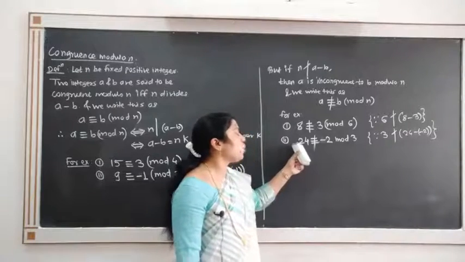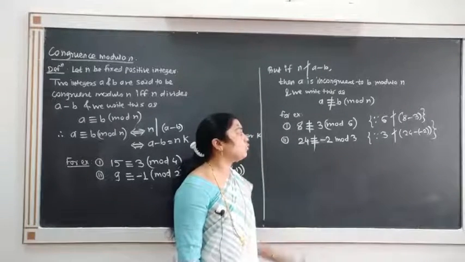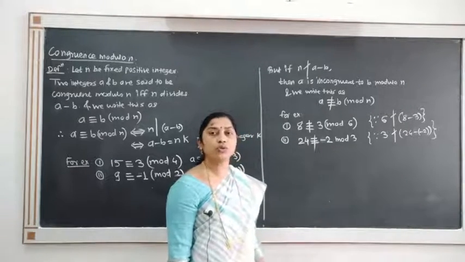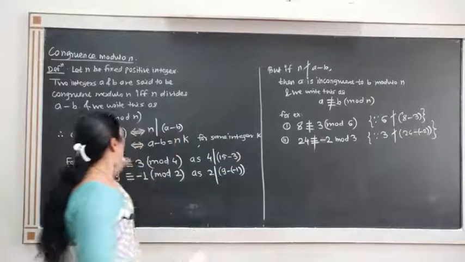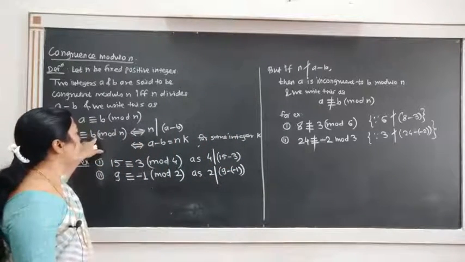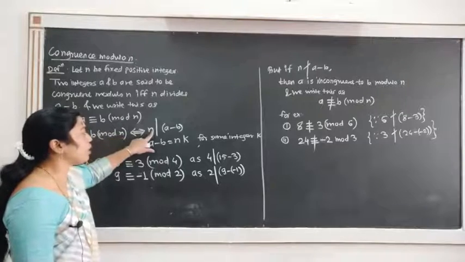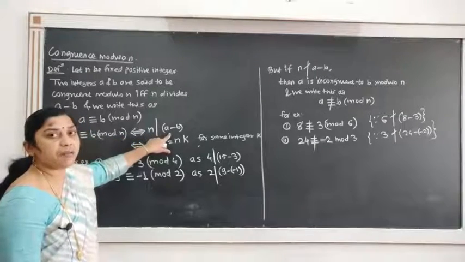So obviously 24 is not congruent to minus 2 modulo 3. So a is congruent to b mod n if and only if n divides a minus b.